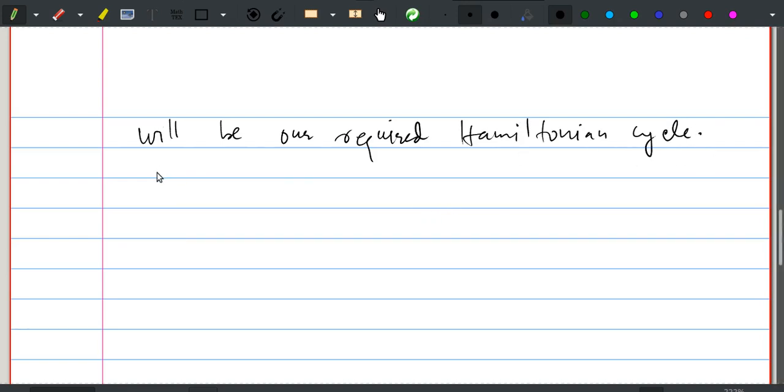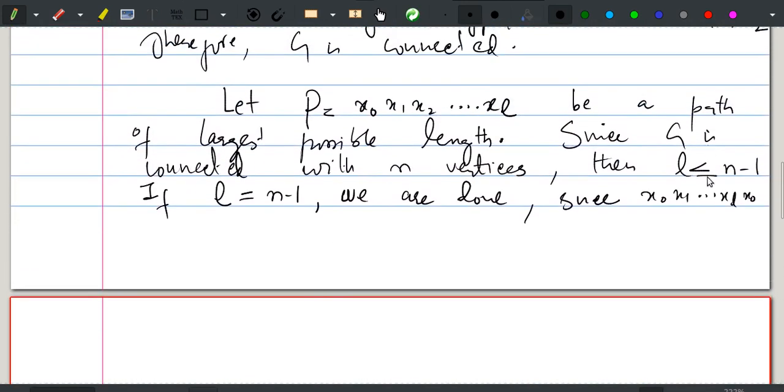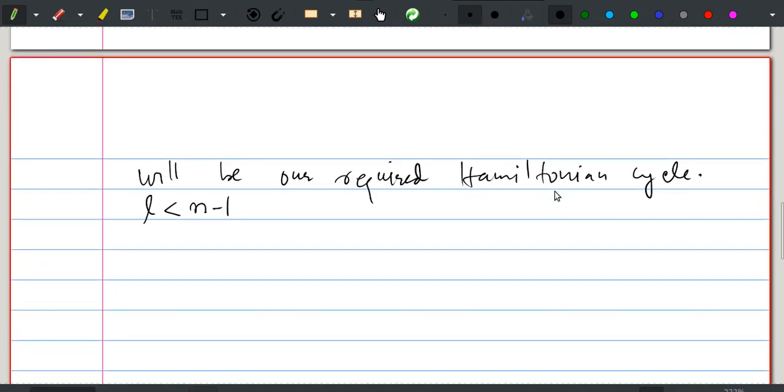Now if L is less than n minus 1, we should get a contradiction. Here we are given that L is less or equal to n minus 1, so we have to eliminate the possibility that L is less than n minus 1. So we take L less than n minus 1, and we should end up at some contradiction.